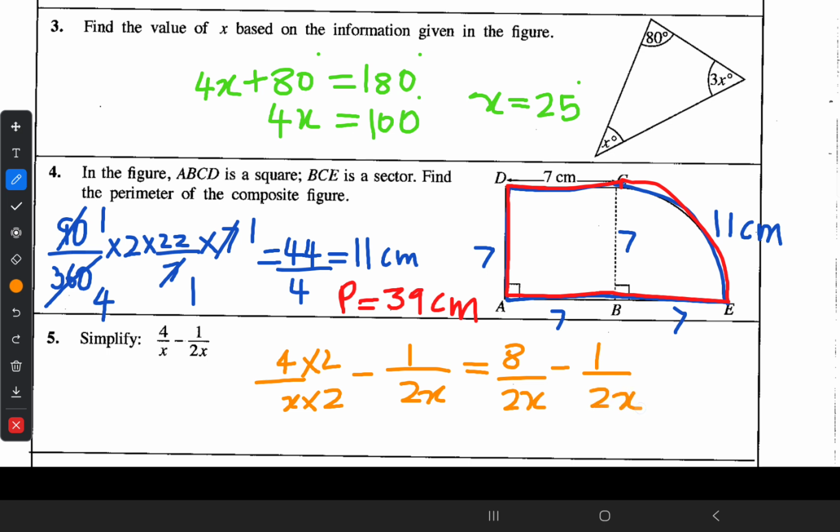Since the denominators became the same, we can do the operation between numerators. 8 minus 1 would be 7. So this is the correct answer. We cannot express this in mixed fraction, so just keep your answer as an improper fraction.